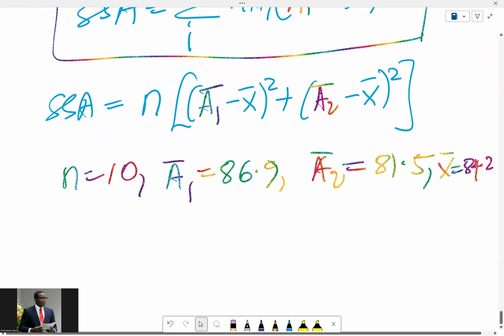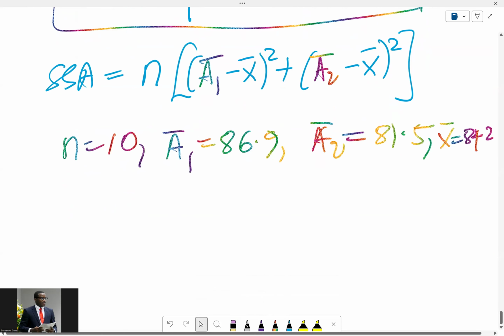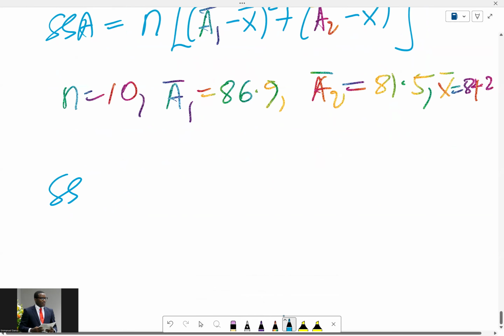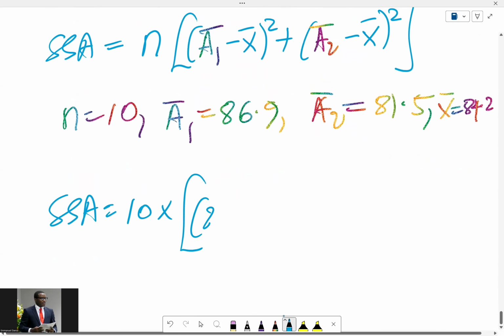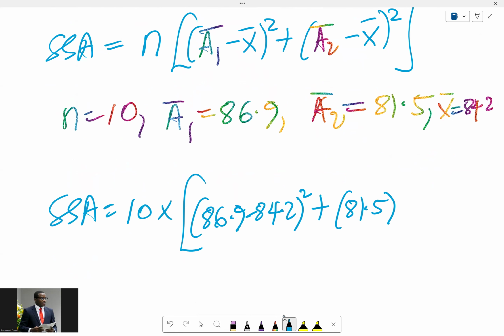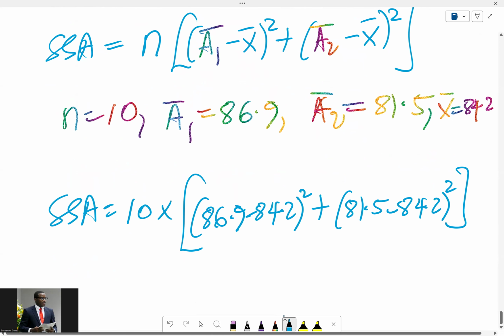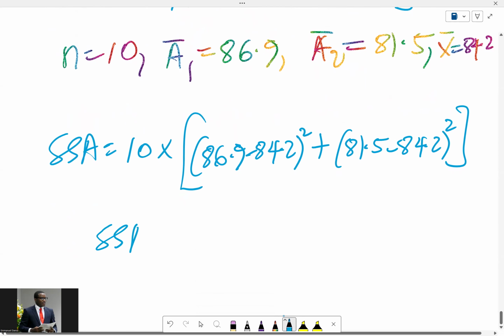So this should be easy to compute. Our SSA is equal to 10 multiplied by (86.9 minus 84.2) squared plus (81.5 minus 84.2) squared. So we can easily get our SSA now.